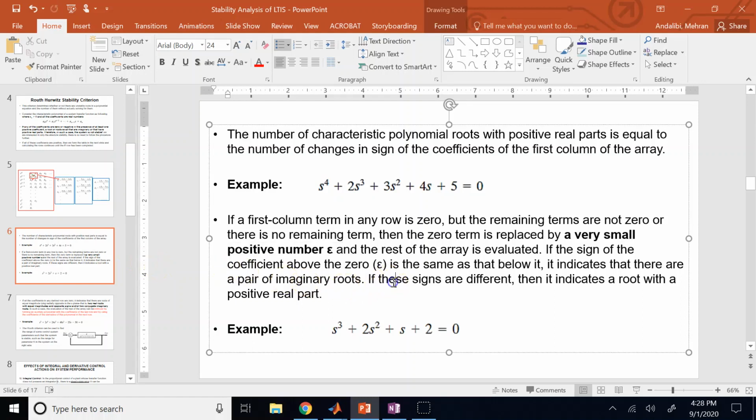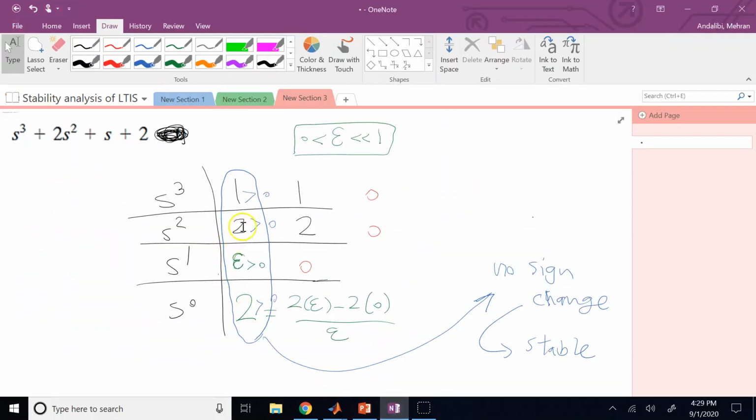Now, it says if the sign of the coefficient above epsilon is the same as the one below it, it means there are a pair of imaginary roots. If the signs are different, then there is a root with a positive real part. So in this case, the coefficient above it is 2, below it is 2.